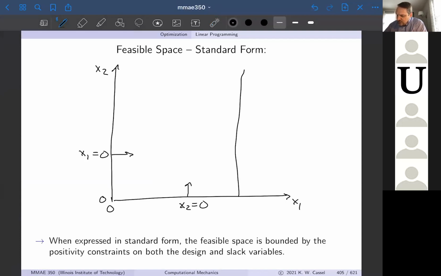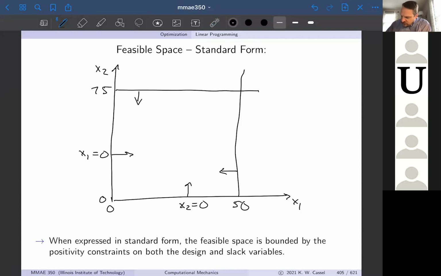This is 50. That's the upper limit for x1. And then we have 75, which is the upper limit for x2. So it has to be below that one and to the left of this one. So our feasible space so far is somewhere in that rectangle. Again, just exactly like we had before.